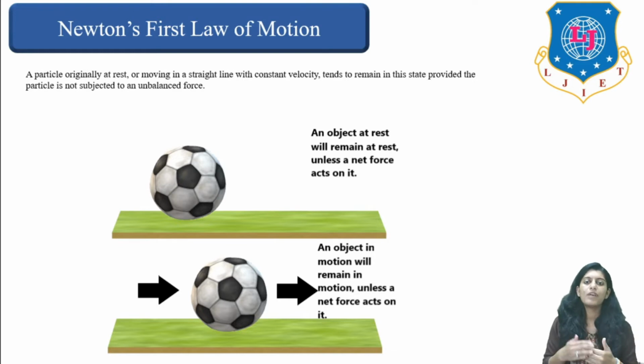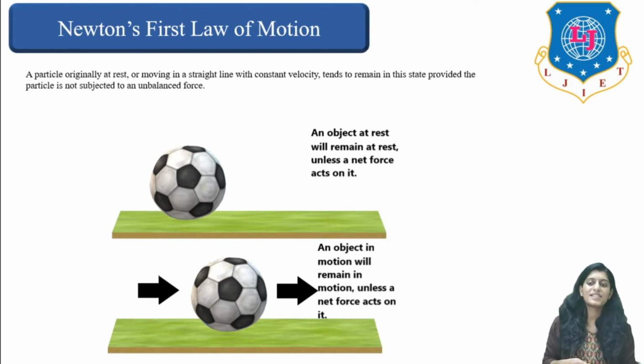So one by one we are going to discuss all of them. As we know that force is a vector quantity, that means it has a magnitude and a direction, right? Any force will have a magnitude and it will have a direction. Clear? So keeping this in mind, we will try to understand Newton's law of motion.